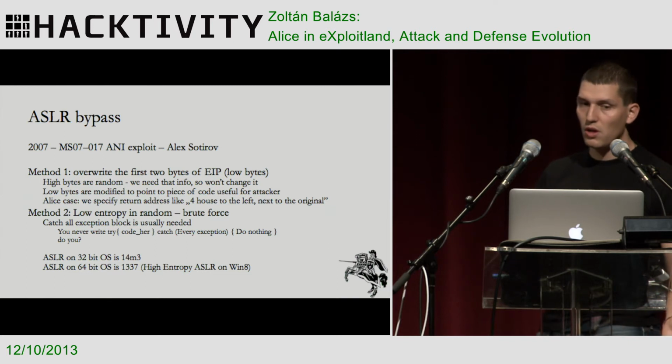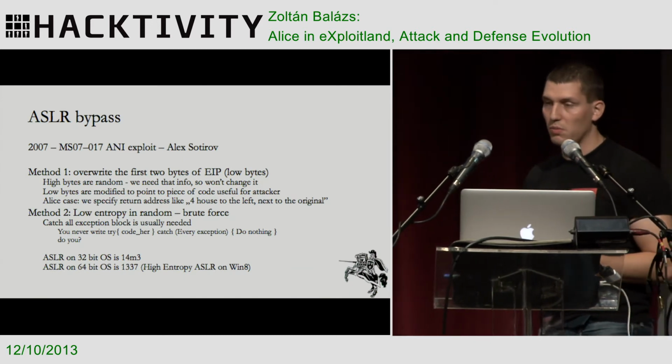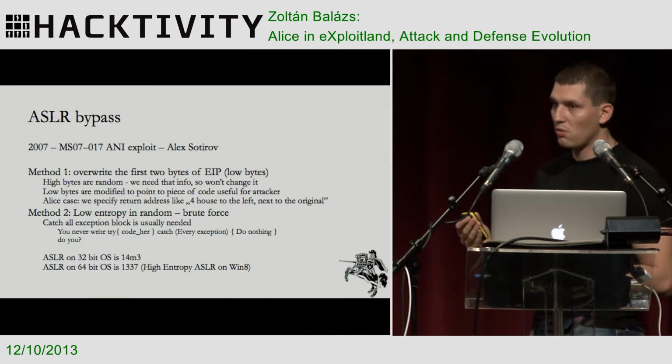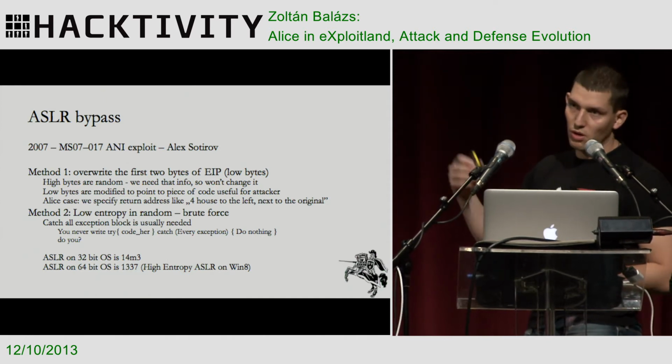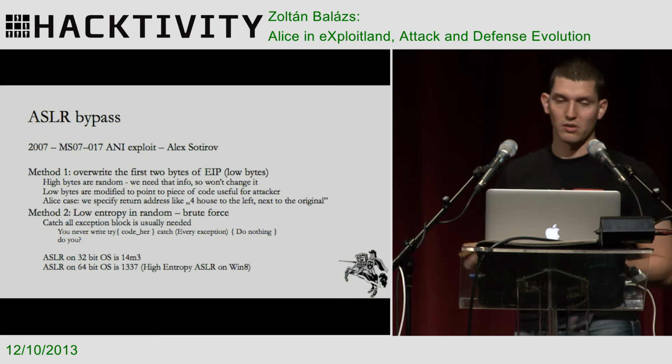So we won't change it, but we can change the low bytes basically. This is very similar in the Alice case where we specify the return address like, okay, I really don't know where we should return, but I know that the house should be 4 houses left of that house, and there we will meet, and I will give you my instructions there.